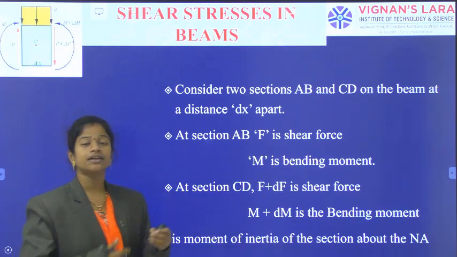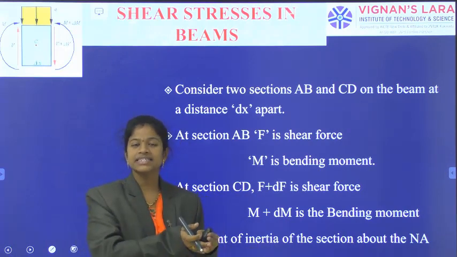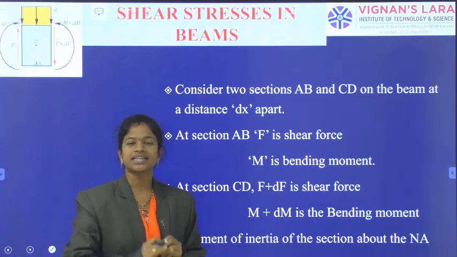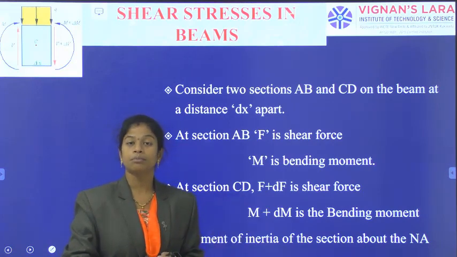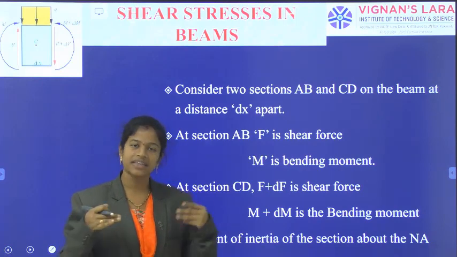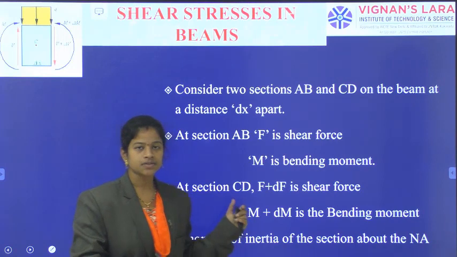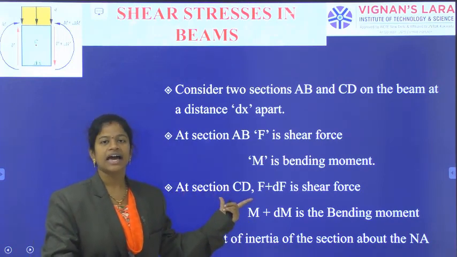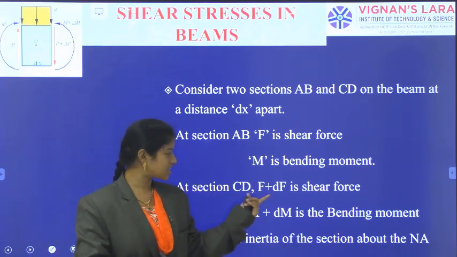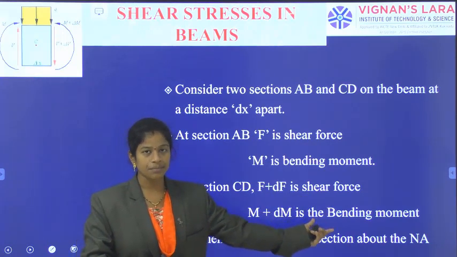As we have already said, from section to section shear force and bending moment are varying. So at the next section I am taking some other value as the shear force, some other moment as the bending moment, because the values of shear force and bending moment are varying, whether increasing or decreasing, that is not a problem, but it is varying. Okay, and at the next section CD, F plus dF is the shear force, M plus dM is the bending moment.